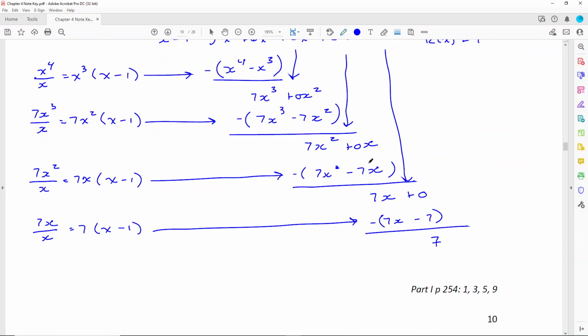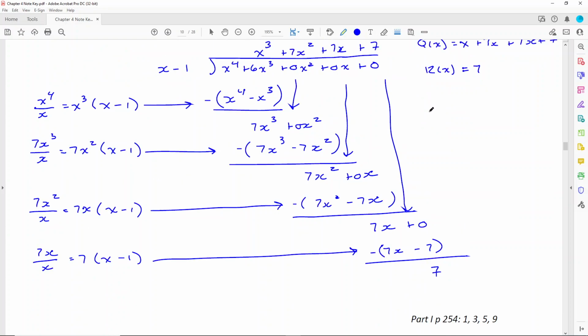And then the division statement, I'll write it down here. x to the 4 plus 6x cubed, that's my dividend, equals my divisor, x minus 1, times my quotient, x cubed plus 7x squared plus 7x plus 7, plus my remainder of 7.